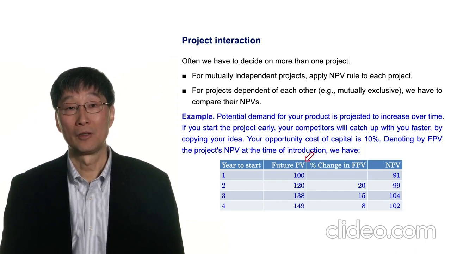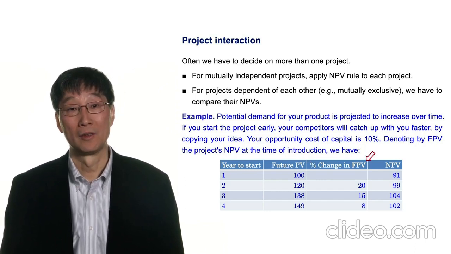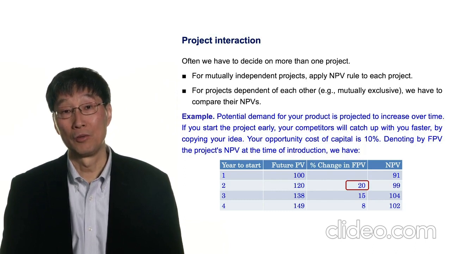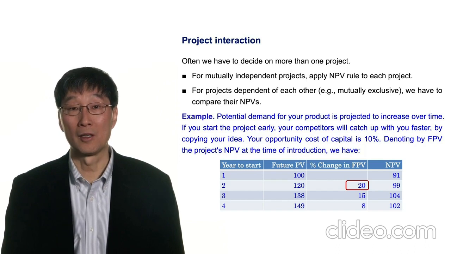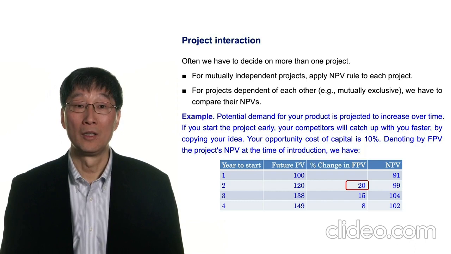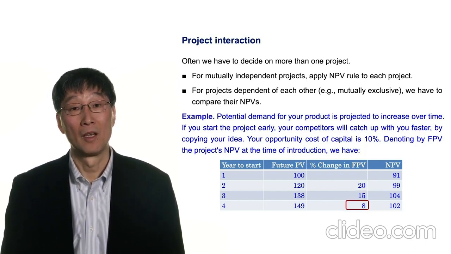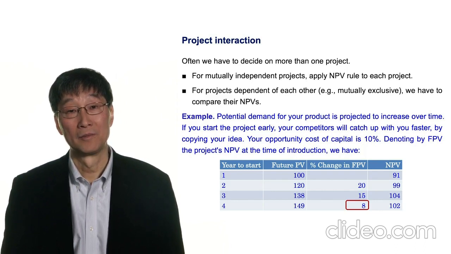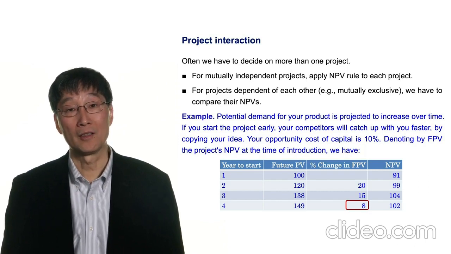But how long should we wait? There are two ways to resolve this. First, we can consider the rate of return by waiting. If we wait until year 2, the value appreciates by 20%, as shown in the third column of the table. If we wait longer, the return will be 15% and 8%, respectively. Are these good returns? Well, keep in mind that by waiting, we are holding the project as an asset with its risks.